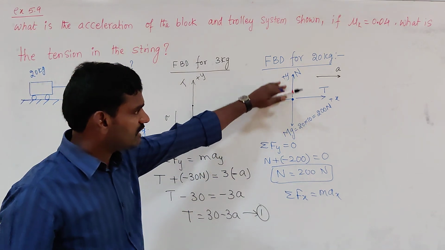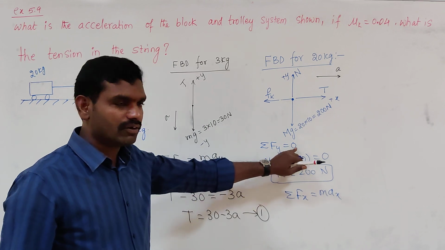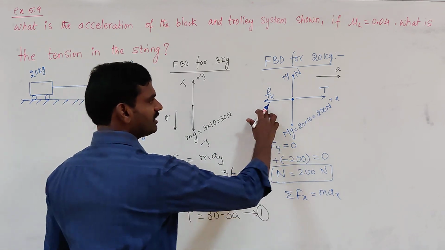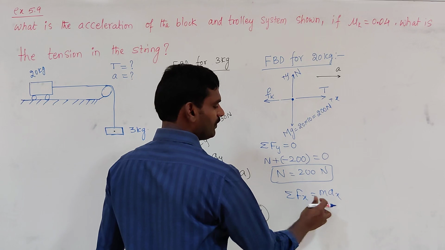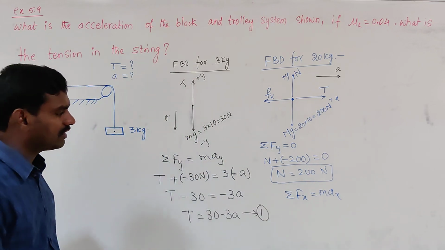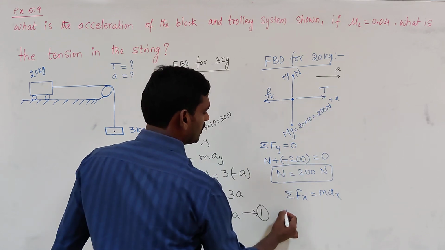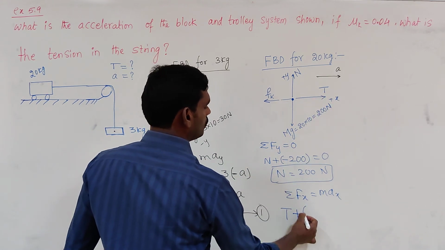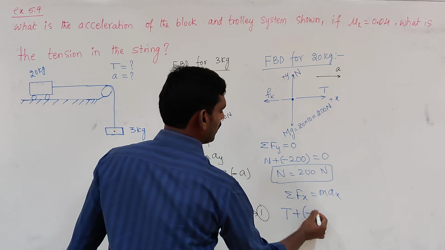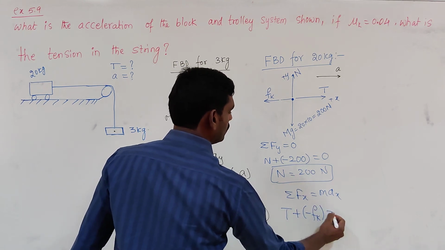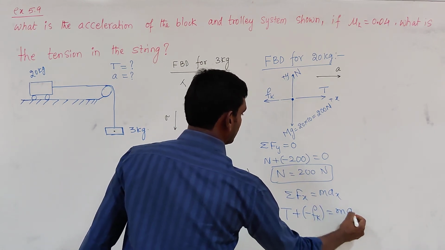There is no acceleration along the y-axis, so sigma Fy equal to 0. But here acceleration is along the x-axis, so sigma Fx equal to max. The sum of forces is T minus Fk equal to m into a.